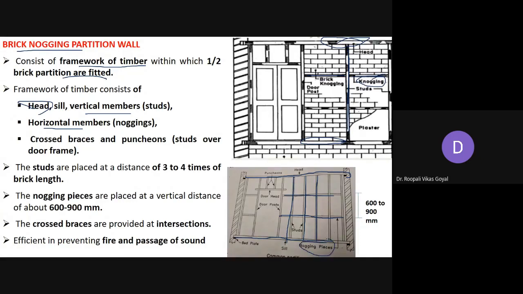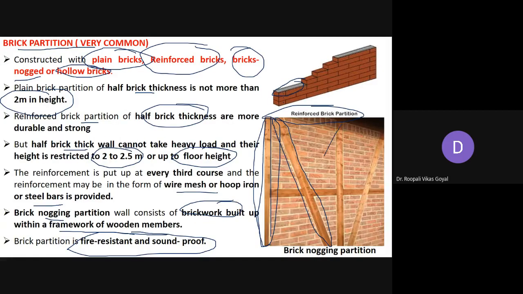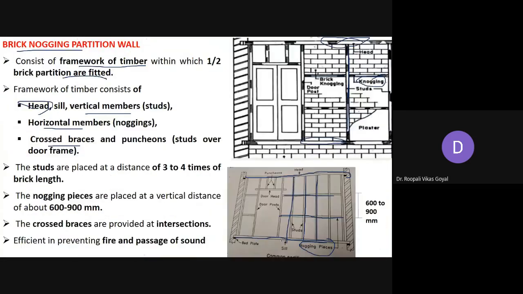So vertical members are called studs, and horizontal members are called nogging pieces, or nogging simply. Then sometimes you can provide cross braces. अगर आपको ज़्यादा strength चाहिए, तो जैसे यहाँ पे दिखाया था, some cross braces can also be provided. Okay, ऐसे दो cross या एक cross depending upon the requirement, that is called cross braces. And puncheons. What are these puncheons? These are also the vertical members. Studs ही है वो.